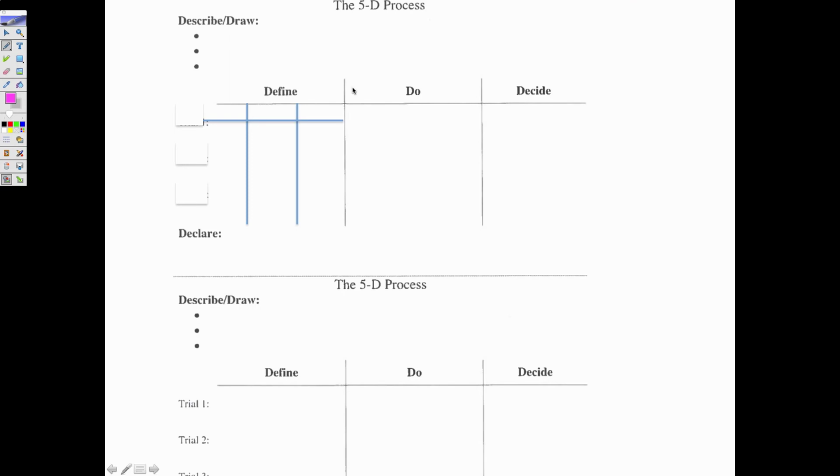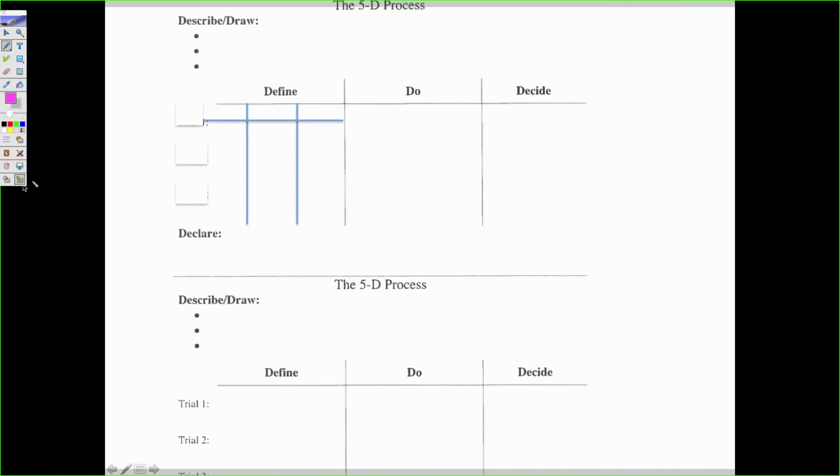Okay, so today we're going to work with problem 6-93 about the Great Lakes. You've already worked through most of this using the 5D process, and we had some describe and draw. We had Lake Michigan, which I'm just going to abbreviate as LM.